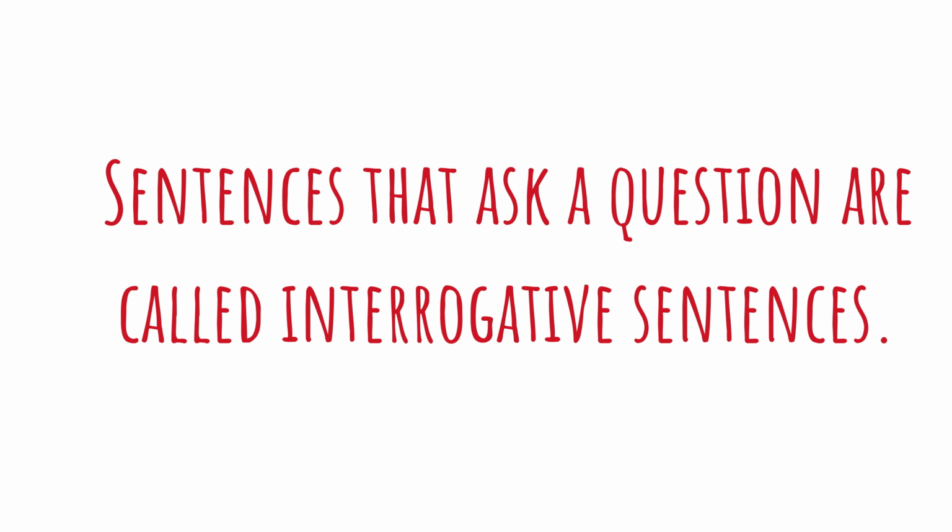All these words will be there in the sentence. When these words are there in the sentence, you will understand these are negative sentences. Finally, what are interrogative sentences? When we ask a question, these are interrogative sentences. Sentences that ask a question are called interrogative sentences.